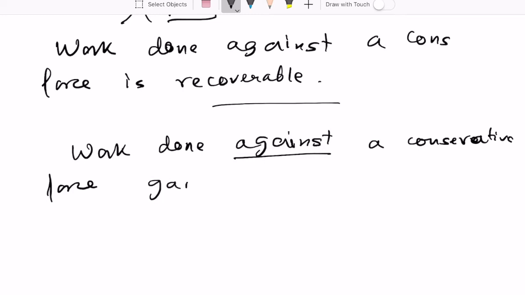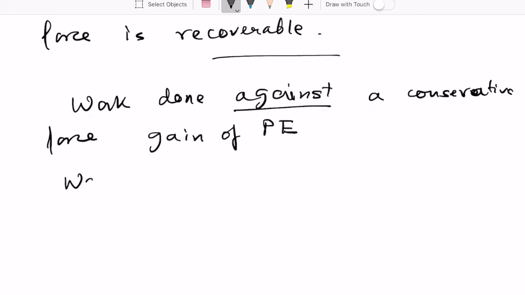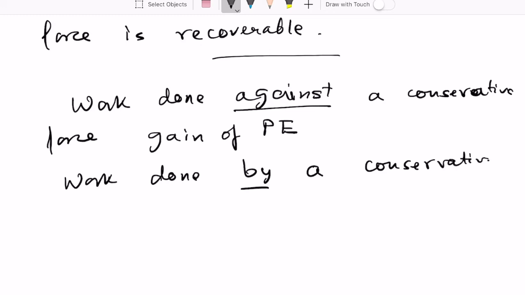There is a gain of potential energy. This is what we saw with the box example. And when work is done by a conservative force, then there is a loss of potential energy.